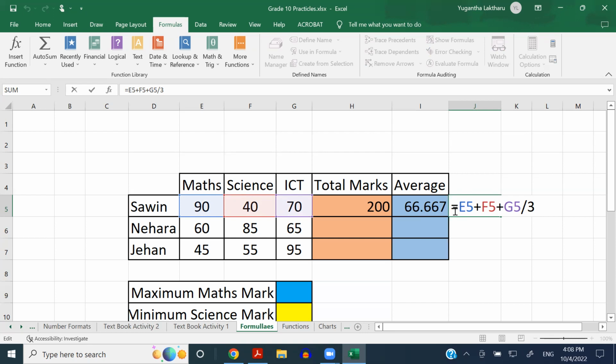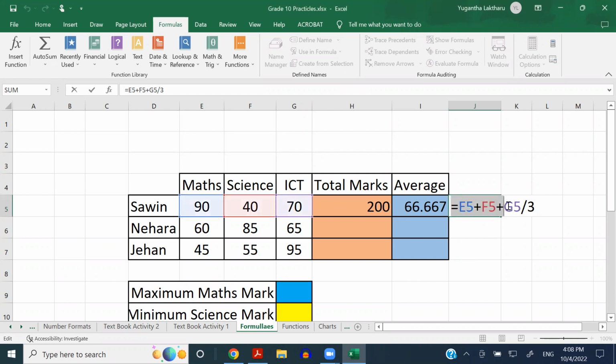Yes, any suggestions? So you haven't put, yes, come again. Brackets. Yes, the brackets. Sanushi, it's not the order. It doesn't matter what the order is. The problem lies with this.